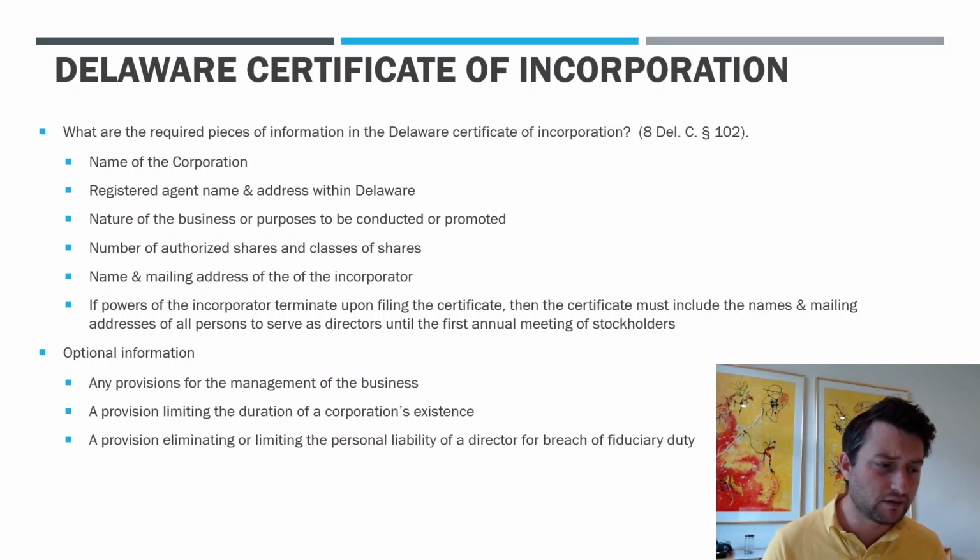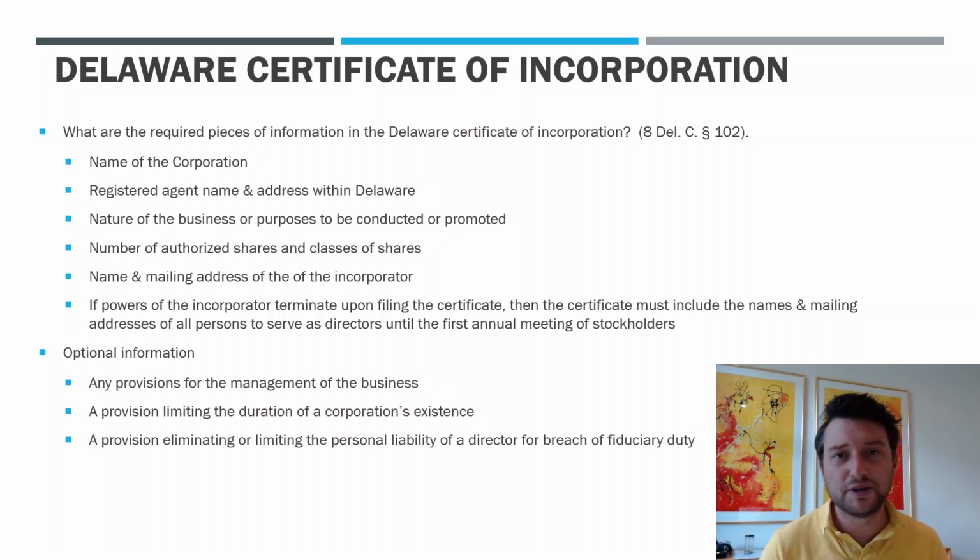Now, the third piece is the nature of the business, or the purpose to be conducted or promoted through the business. What they're asking there is, what are you going to do with the company? Delaware, like a lot of states, allows you to have just a broad mission statement, if you want to call it that.